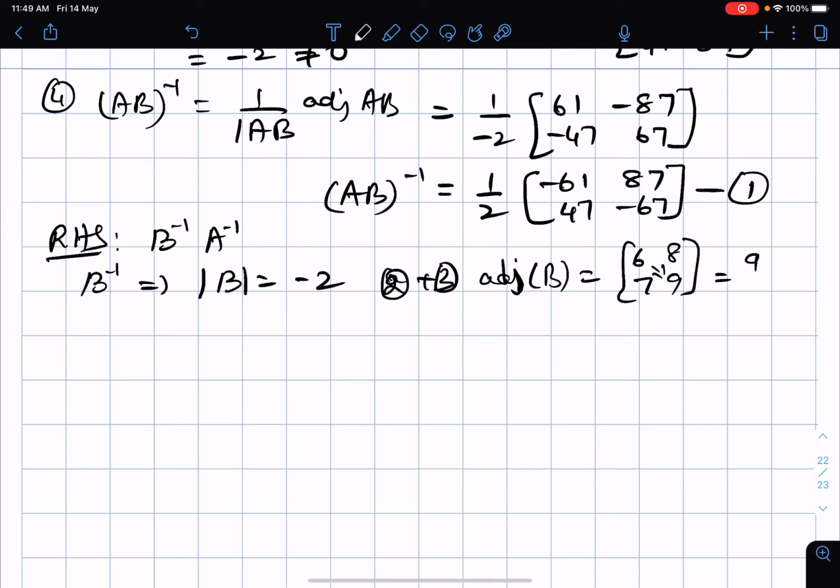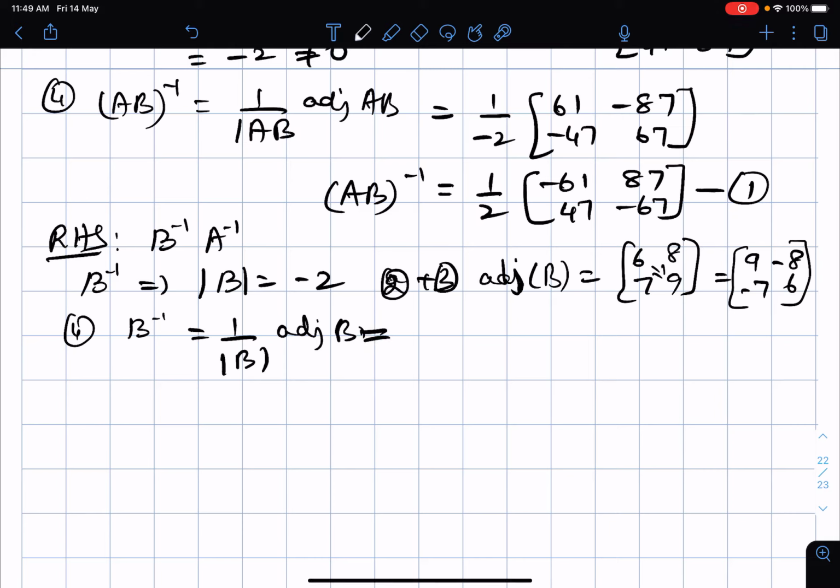So 9, 6, -8, -7 is going to be your adjoint B. Now coming to the fourth step, B inverse will give you 1 by determinant B into adjoint B. That is equal to 1 by determinant B is 1 by -2 into 9, -8, -7 and 6. This is minus, okay, -8. So this will be as it is.